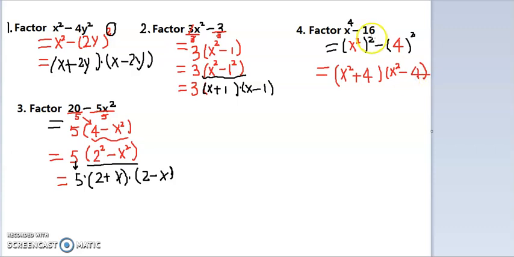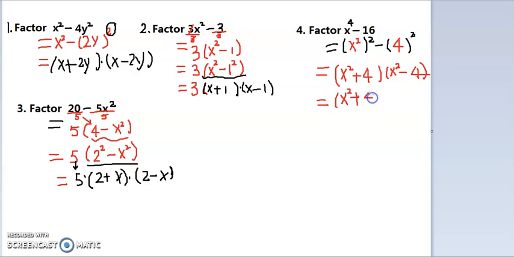Now we have to continue to check whether we can factor each one further. The first one, there's no GCF, and it's not a difference of 2 squares because it has a plus here. So we cannot factor it any further, so we keep it as x squared plus 4.